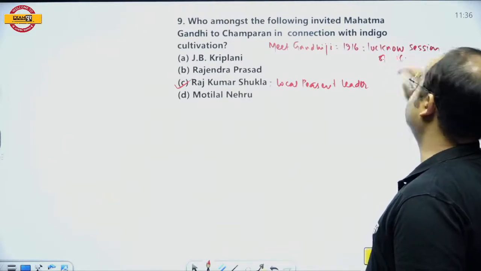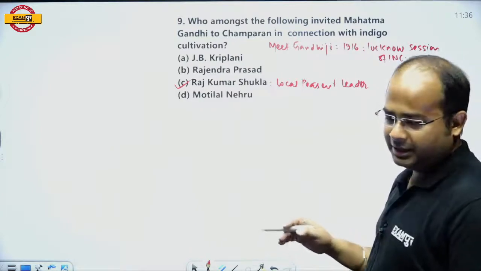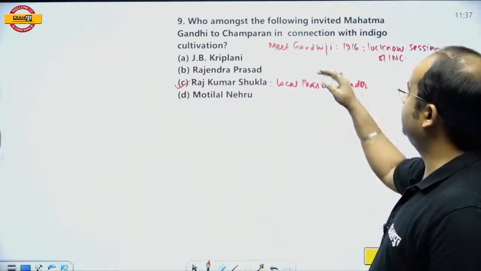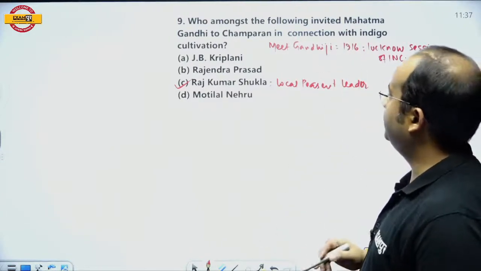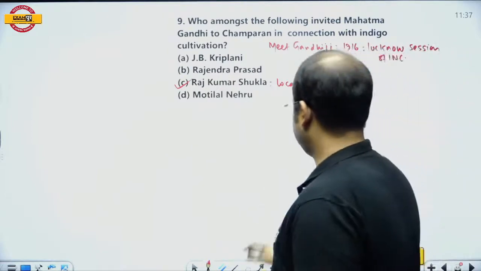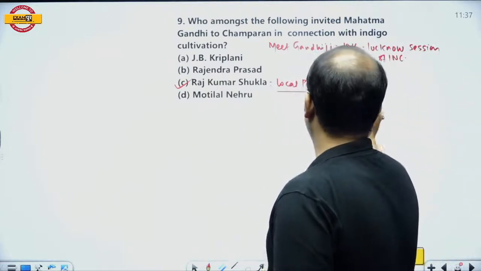He was impressed by his ideas, and then he invited Gandhiji for indigo cultivation, and this was against the Tinkatia system.